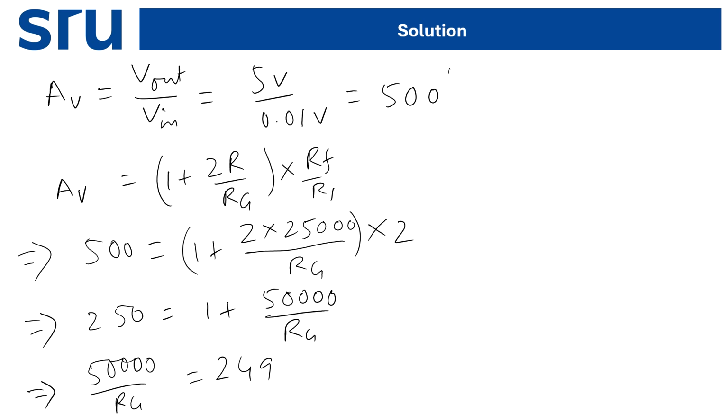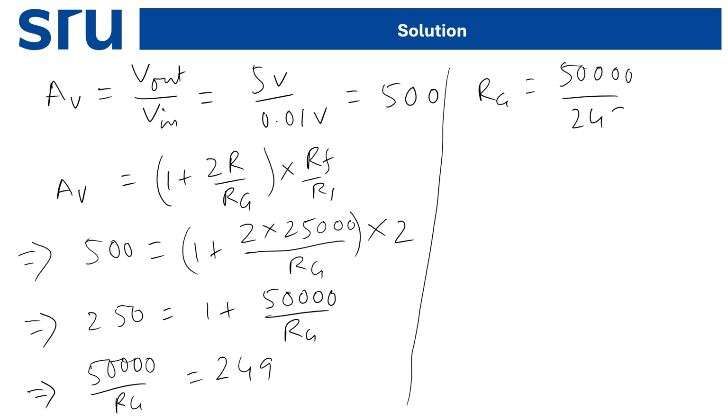Okay, this side we can write again, so that we can see that Rg is equal to 50,000 divided by 249, which gives us the value 200.8 ohm. So this is the answer which was asking about the gain resistor. Okay, so this is the answer for our problem number 1.